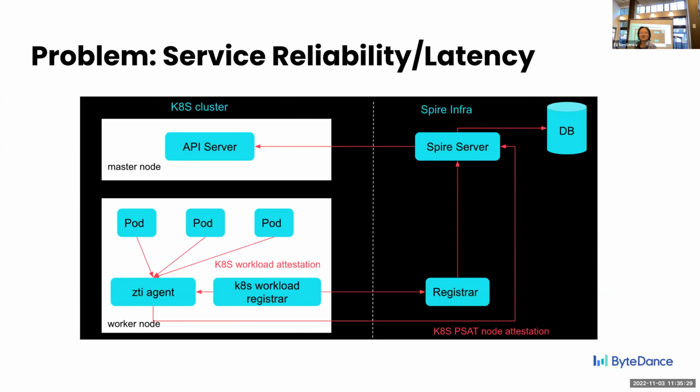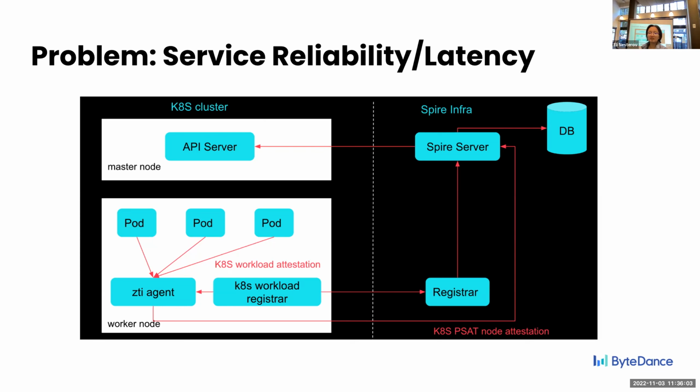Okay, so the first problem is service reliability and latency. Originally, we thought that we want to adopt the native Spire approach at all places, right? For example, if our PaaS platform is built on a Kubernetes cluster, we say, oh, we can provide you a Kubernetes workload registrar, which will help you automate the identity registration. And then the pod can use the SPIFFE workload API to get the workload identity from the Spire agent using the native way.